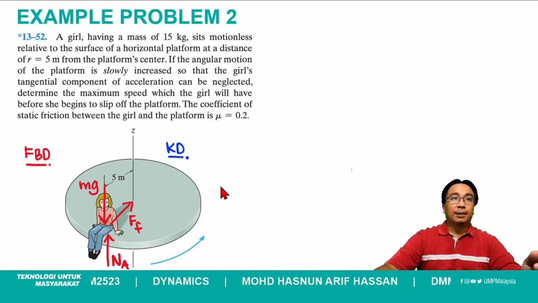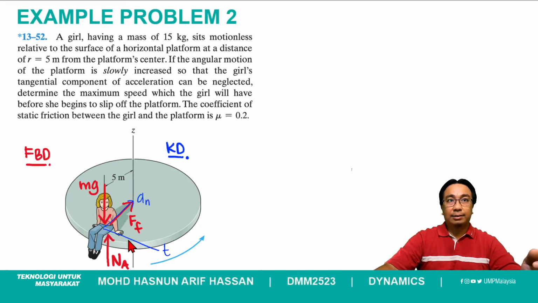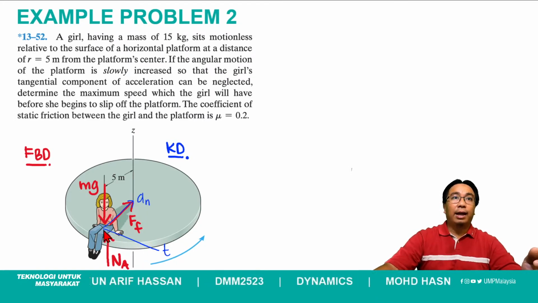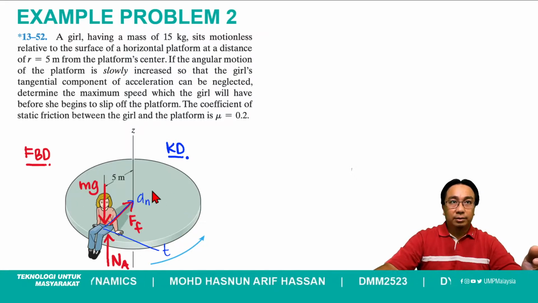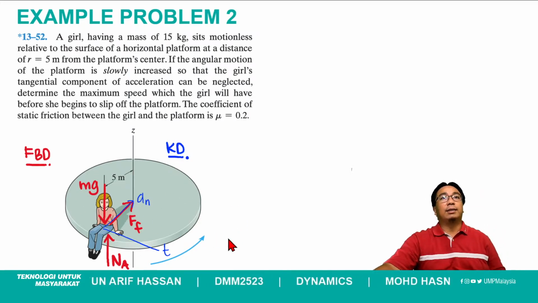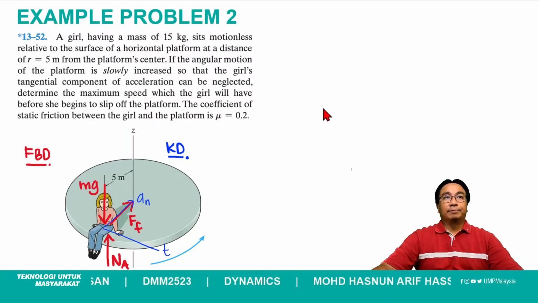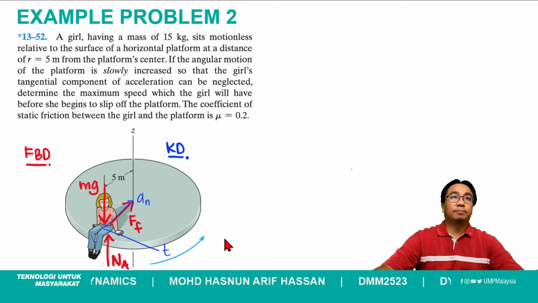Okay, the kinetic diagram, we have the tangential axis pointing this way and the normal axis pointing towards the center of the circular platform. So that will be our kinetic diagram. Okay, so what do we determine first?